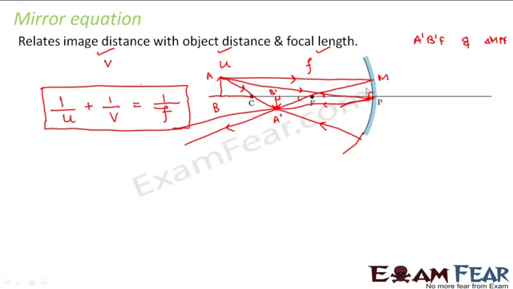Since all the angles of these two triangles are equal, triangles A dash B dash F and MPF are similar triangles.